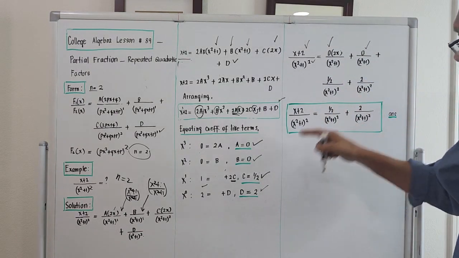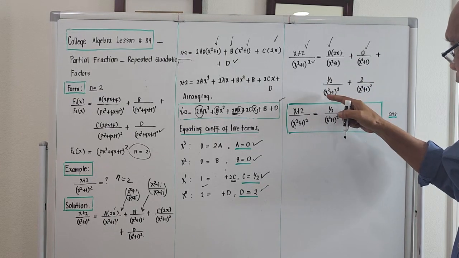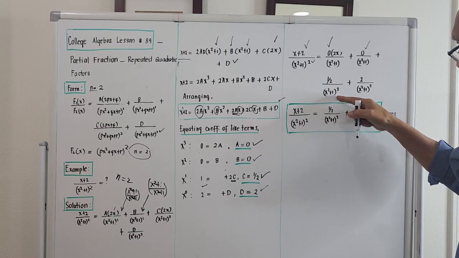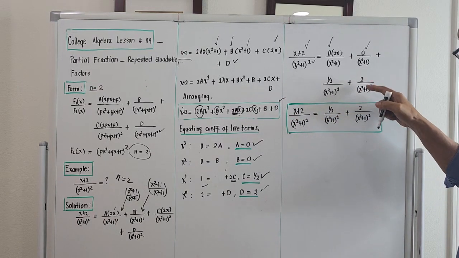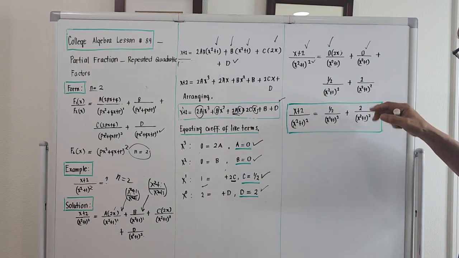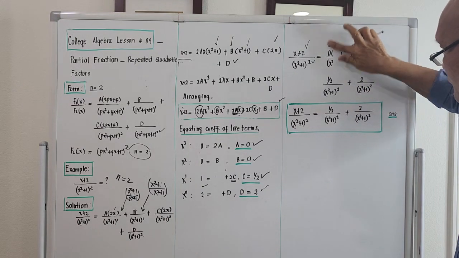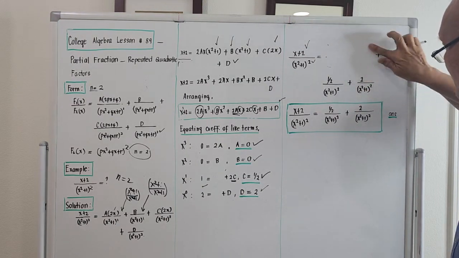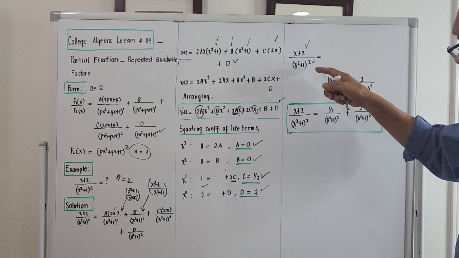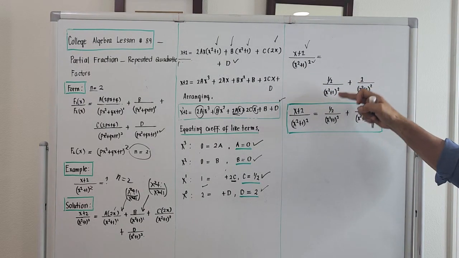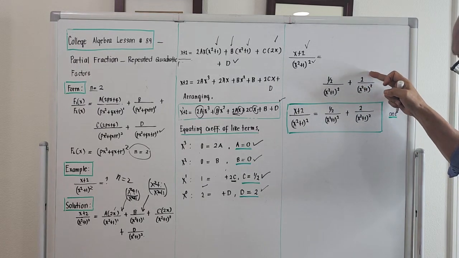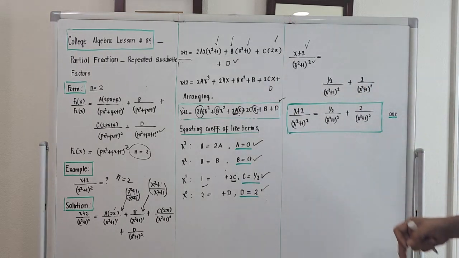What is c? C is 1 half. This one half, all over x squared plus 1 quantity squared. What is the value of d? D is equal to 2, all over x squared plus 1 quantity squared. Actually, the first two are not existent. So the equivalent partial fraction of this will be 1 half over x squared plus 1 quantity squared plus 2 all over x squared plus 1 quantity squared.